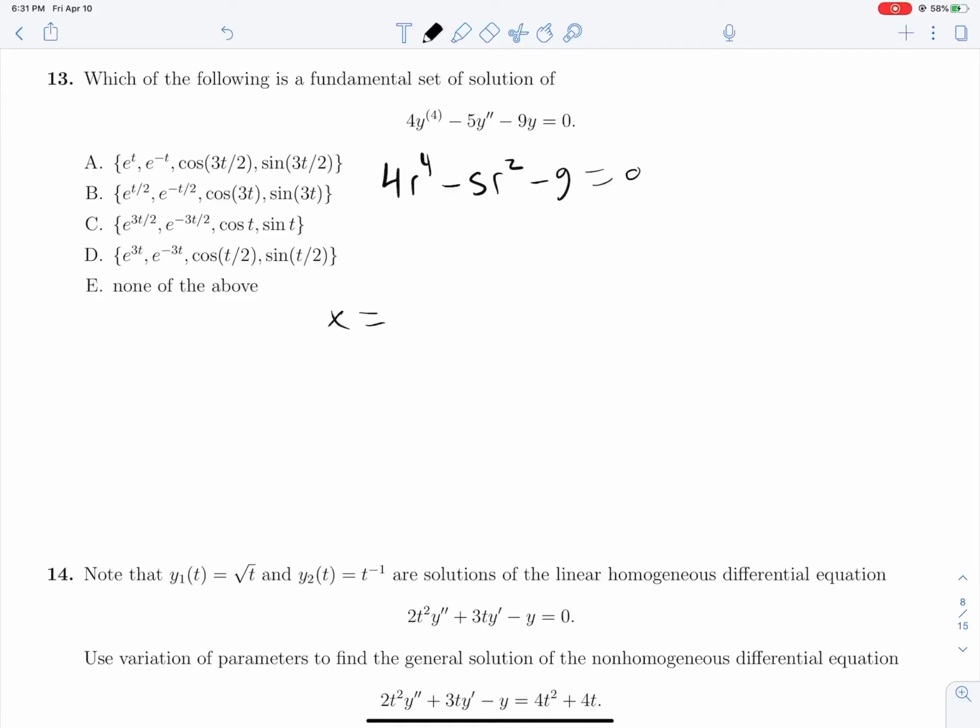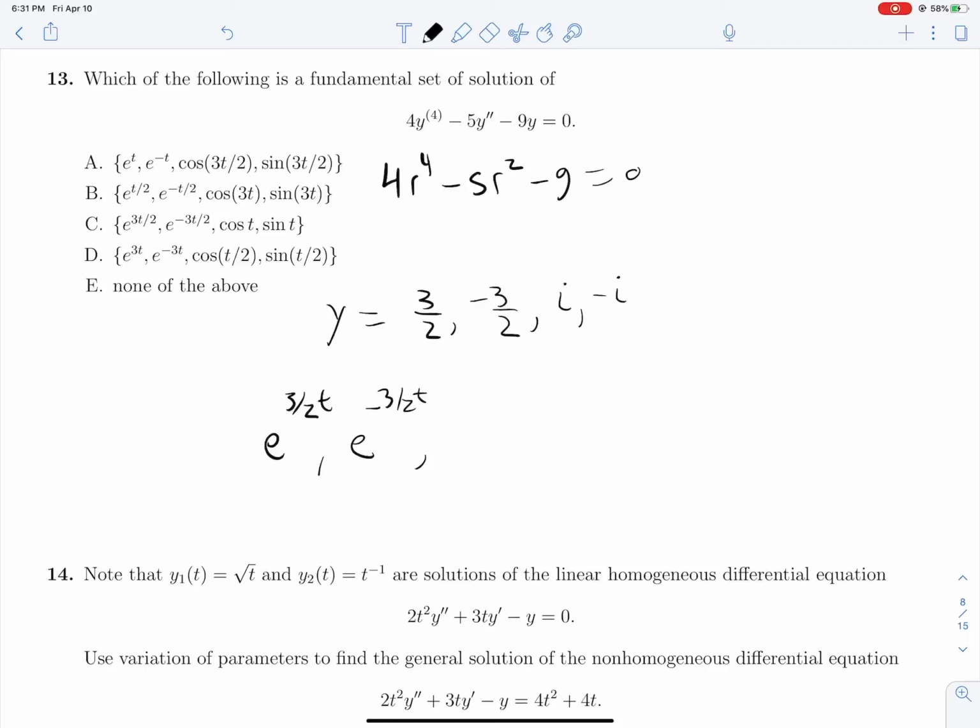R is equal to, well, in this case it's y. Y is equal to 3 halves, negative 3 halves, i, and negative i. And as a result, the 4 solutions we're going to get are e to the 3 halves t, e to the negative 3 halves t, and, sorry, that's also wrong.